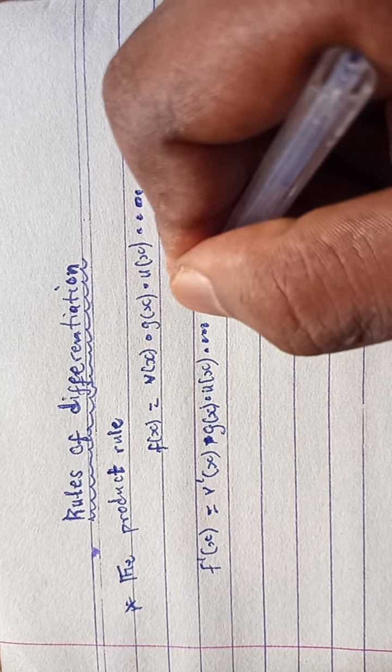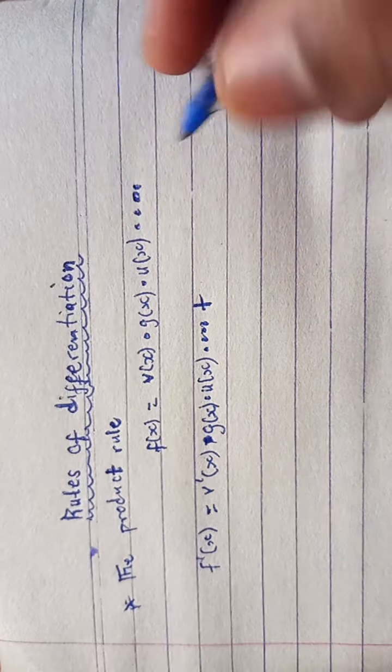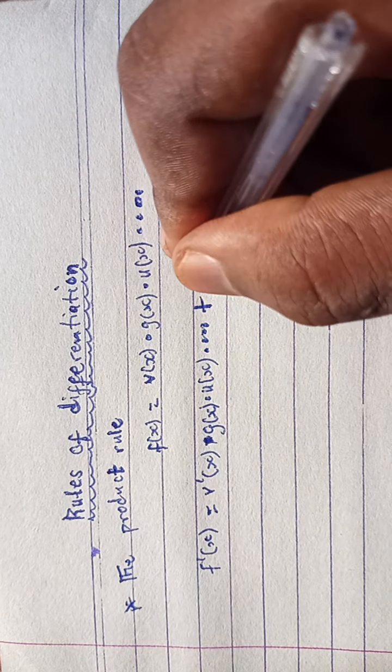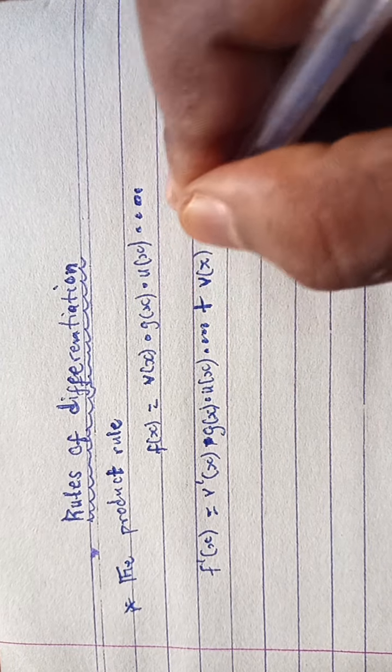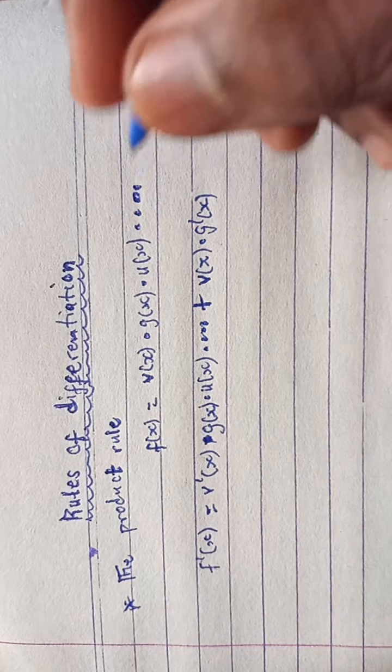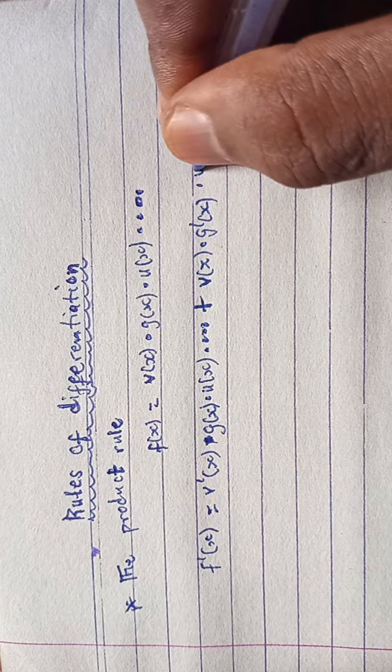Then plus, you move on. You differentiate this one and maintain the rest. So we have v of x multiplying by the differential of g of x, multiplying by u of x.